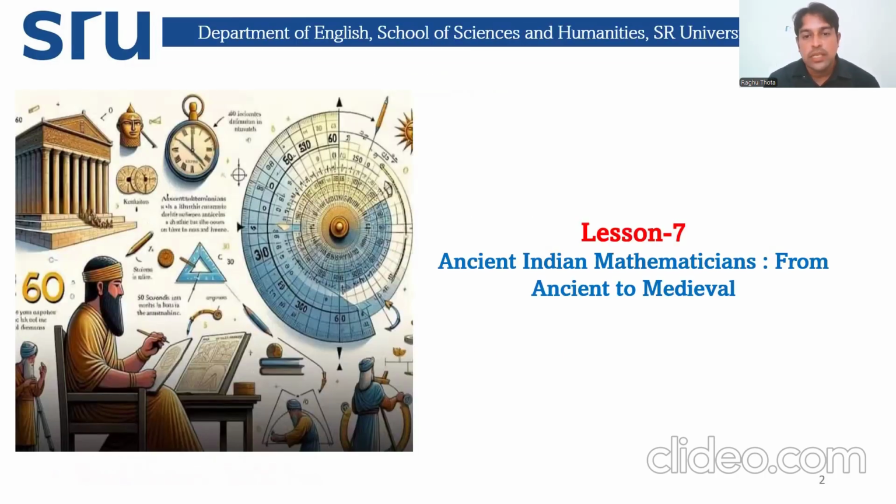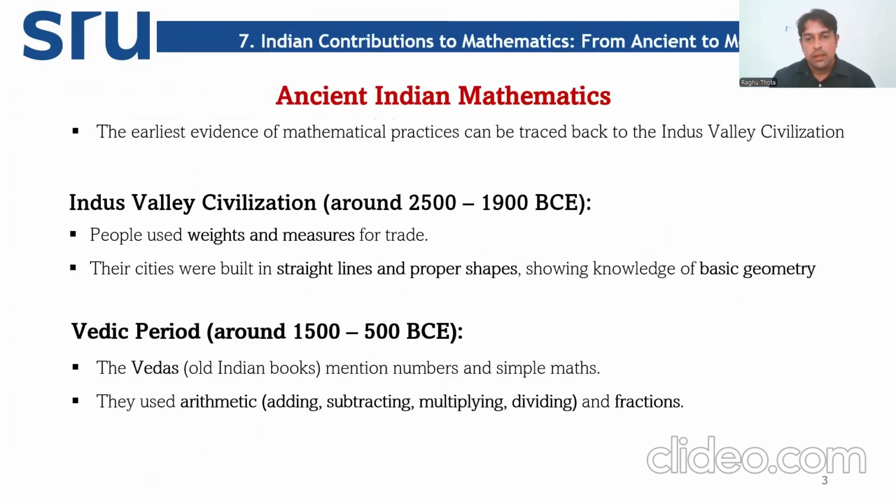Now let's proceed to lesson number 7 with the title Ancient Indian Mathematicians from Ancient Period to Medieval Period. Let us see who those mathematicians are. Ancient Indian mathematics: when did it start? The earliest evidence of mathematical practices has been traced from the Indus Valley civilization.